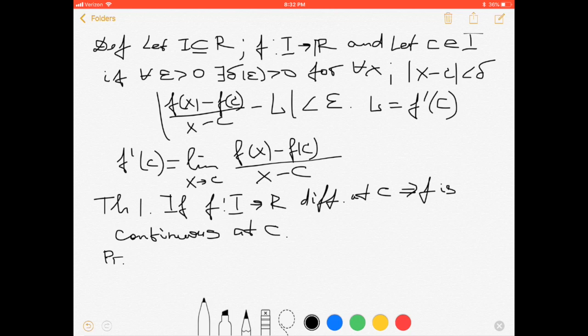If the derivative exists, then first, for any x not equal to c, we can rewrite f(x) minus f(c) by dividing and multiplying by x minus c.